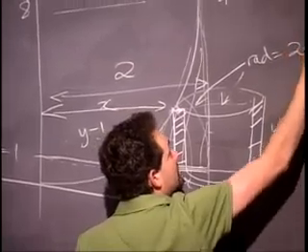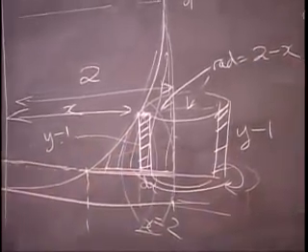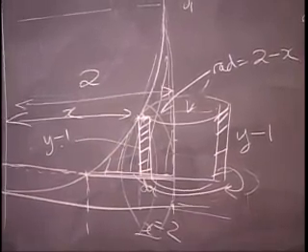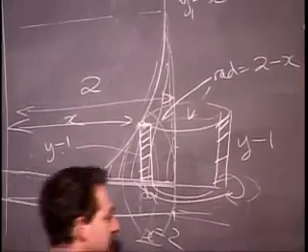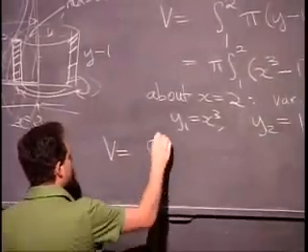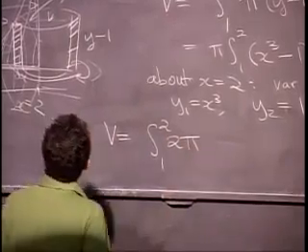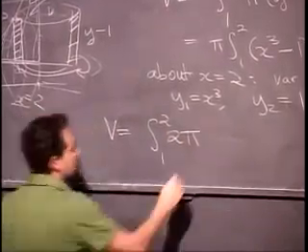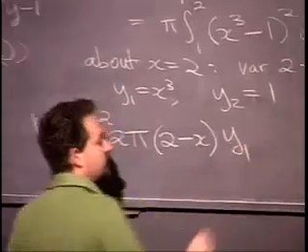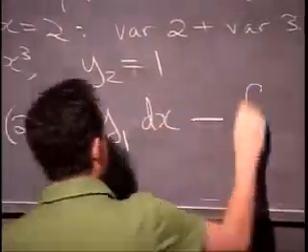equals 2 minus x. Again, variation 3 says replace x by x minus 2, except 2 minus x in this case is necessary. So anyway, the volume is going to be the integral from 1 to 2 again of 2 pi, okay, instead of the x, I've got to place 2 minus x, and I'll take the upper curve first, y1, and I'll subtract the bottom curve.